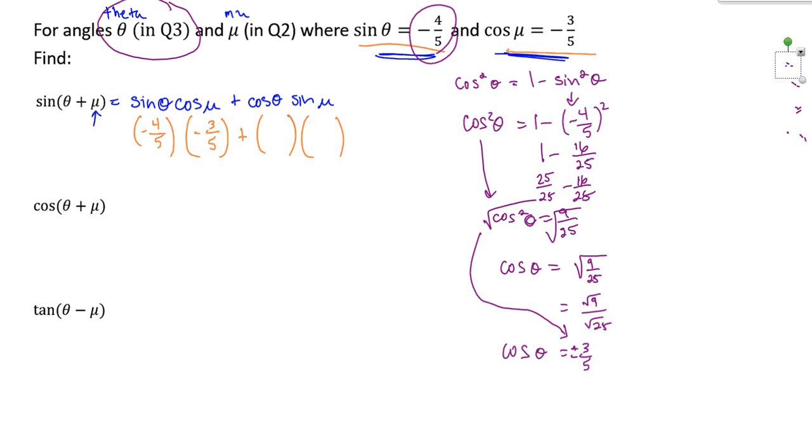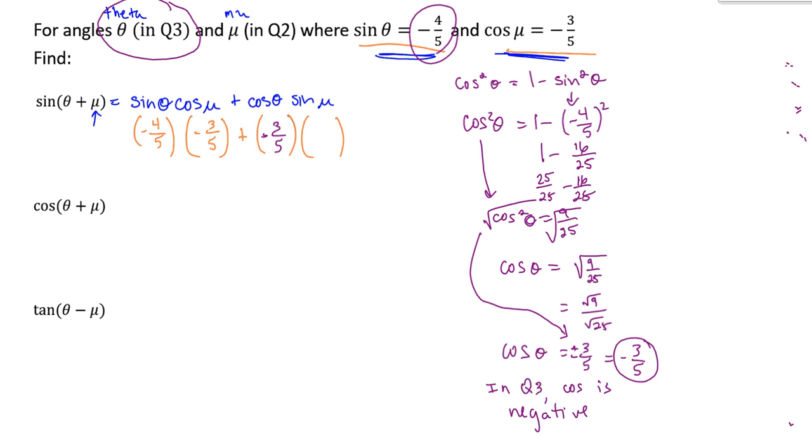So in quadrant 3, cosine is negative. Quadrant 3 is tangent's corner, right? He gets to be positive, everybody else is negative. So it's going to be the -3/5 that we're going to shoot for. Okay, so that's one way of finding another value on there.